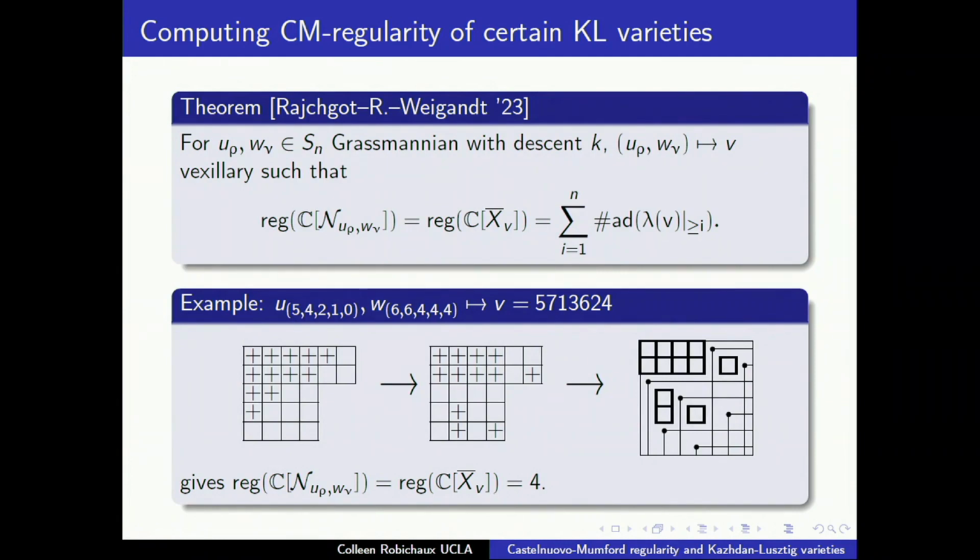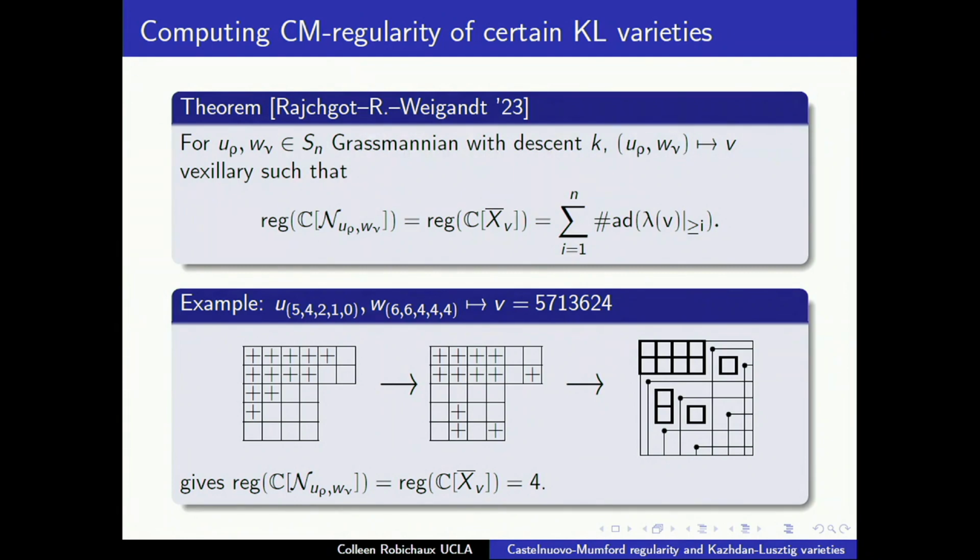All right, so in terms of these Kazhdan-Lusztig varieties, we've answered the question for the Kazhdan-Lusztig varieties that are matrix Schubert varieties. And as it turns out, the most reasonable place to start for Kazhdan-Lusztig varieties, which might be well behaved, is Kazhdan-Lusztig varieties indexed by a pair of Grassmannian permutations.